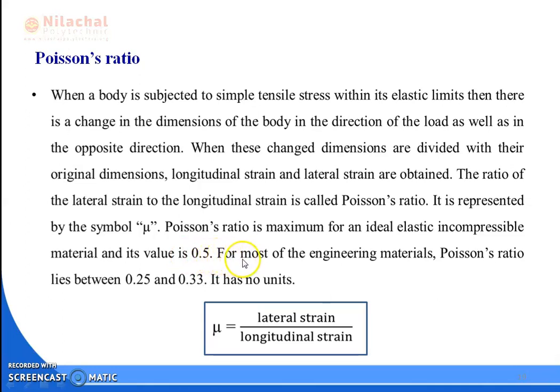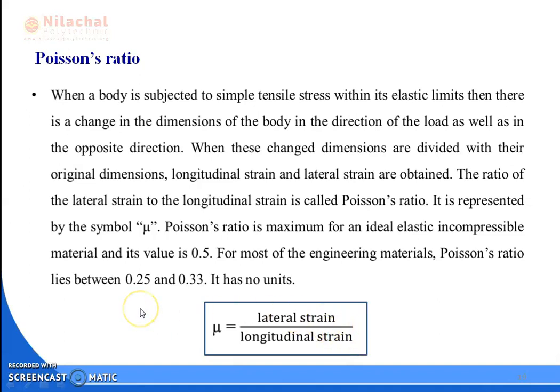For most engineering materials, Poisson's ratio lies between 0.25 and 0.3, and since it is a ratio of change of dimensions, it is unitless. In a simple way you can remember the definition as the ratio of lateral strain to longitudinal strain of a body.